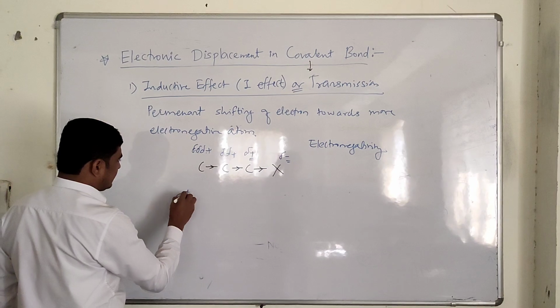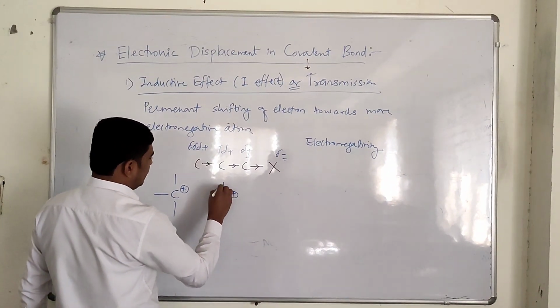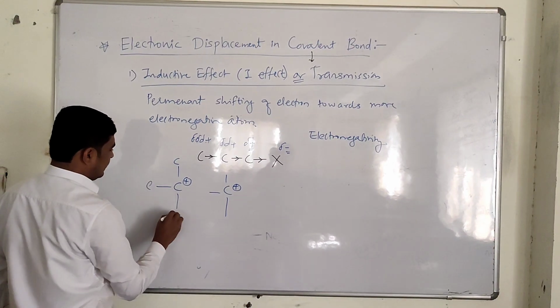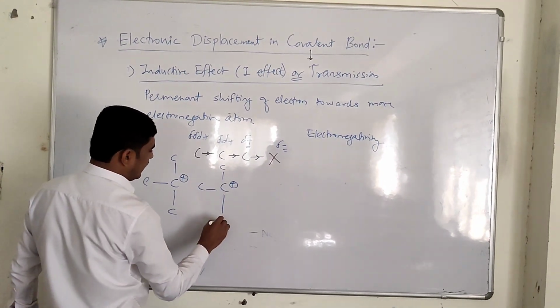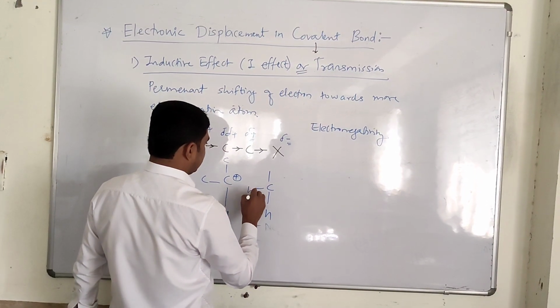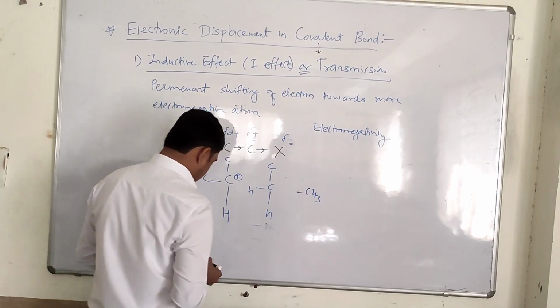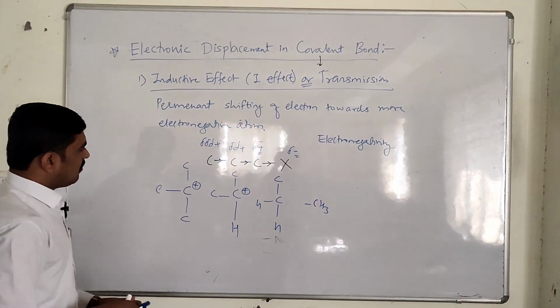Take this tertiary carbocation, then this is a secondary carbocation, here is a primary carbocation, and the last one is the methyl group, CH3. So which is the more stable?